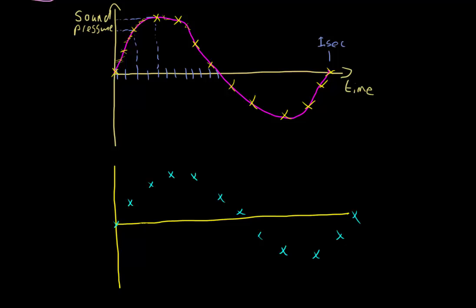If we go to this time and trace up, there isn't a known value for that sound pressure. We've just got to interpolate between there and assume a value, but we don't know for sure. We have to just assume what the value is there based on the interpolation between the points.